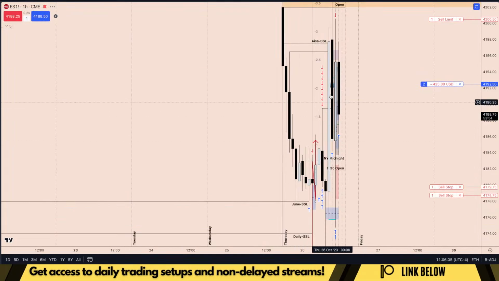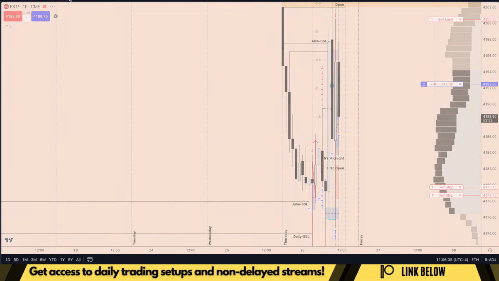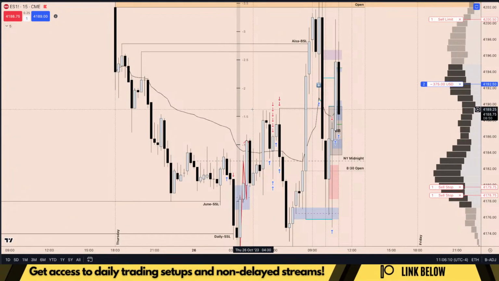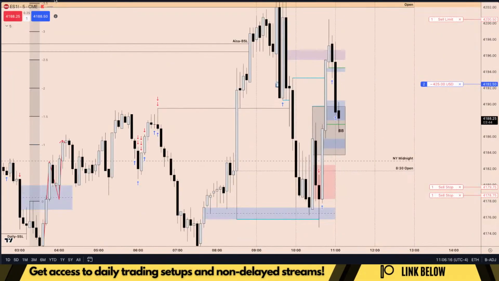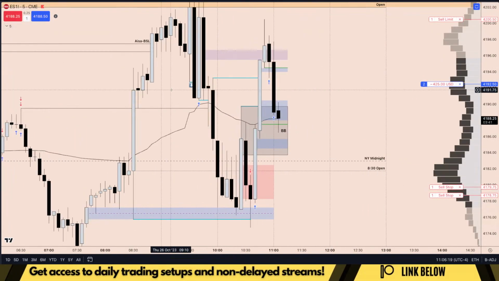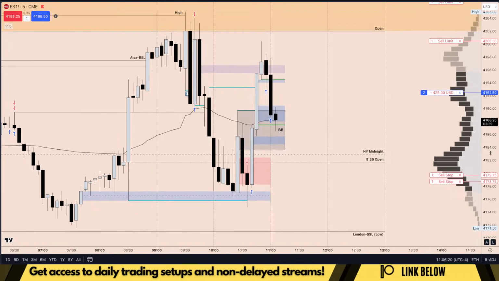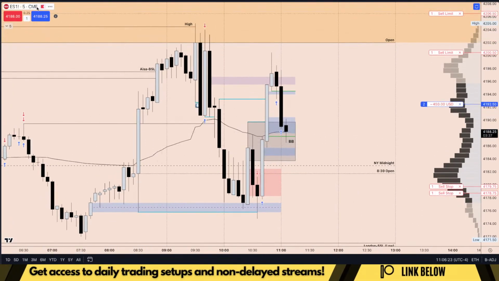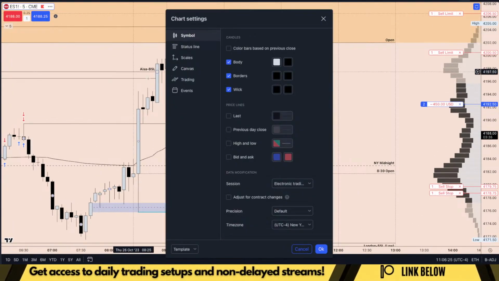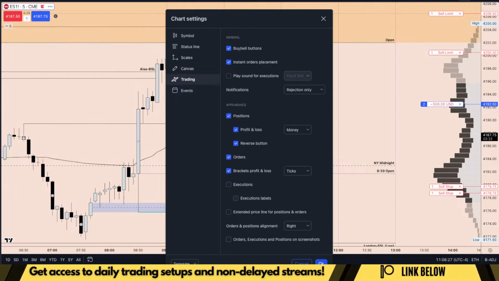1 hour time frame. Decent retracement, 15-minute. Same here. 15-minute inversion fair value gap. These arrows.